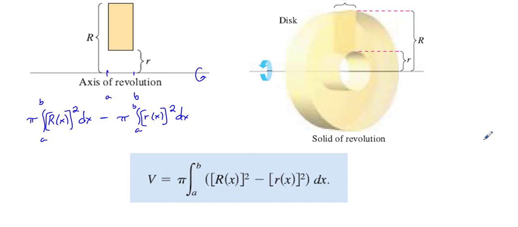If this changes, we have to actually figure out what capital R is and lowercase r is. We might have to do axis of revolution minus curve, or we might have to do curve minus axis of revolution to get whatever that radius is. Again, this is for the x-axis as the axis of revolution, because capital R of x would be the height off of the x-axis, and lowercase r of x would be the height off of the x-axis.